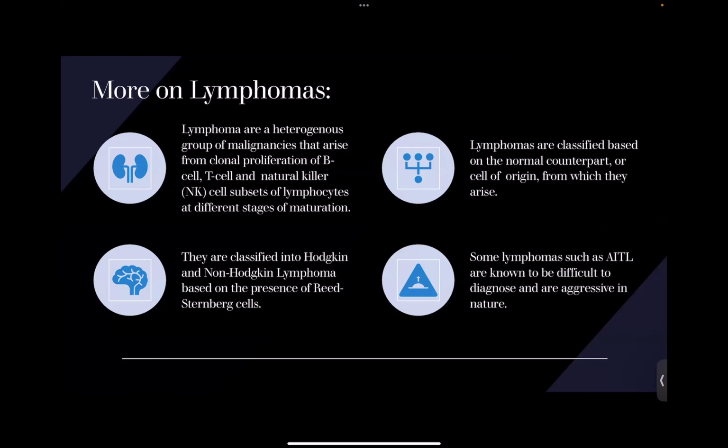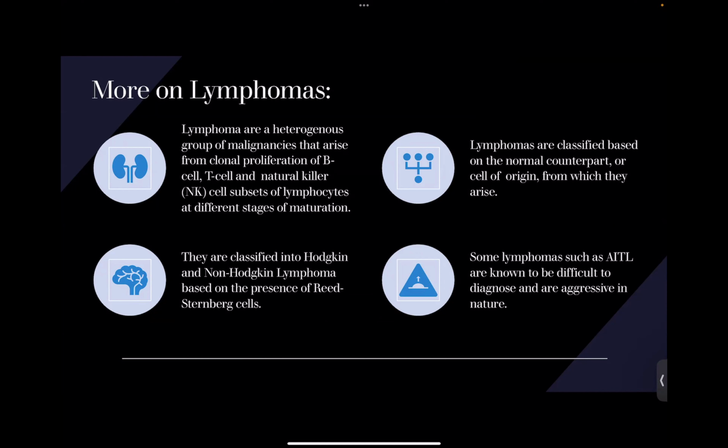So more on lymphomas. Lymphomas are a heterogeneous group of malignancies, and they arise from clonal proliferation of B cell, T cell, and natural killer subsets of lymphocytes at different stages of maturation. They're classified into a broader group called Hodgkin and non-Hodgkin lymphoma based on the presence or absence of Reed-Sternberg cells. Lymphomas are classified based on their cell of origin.